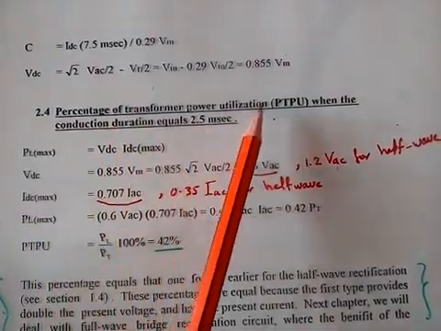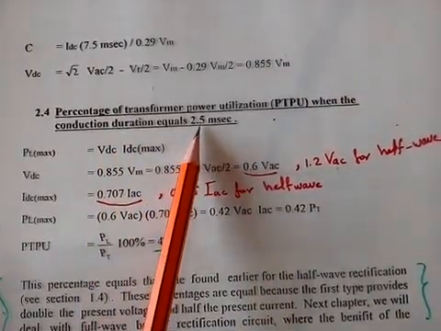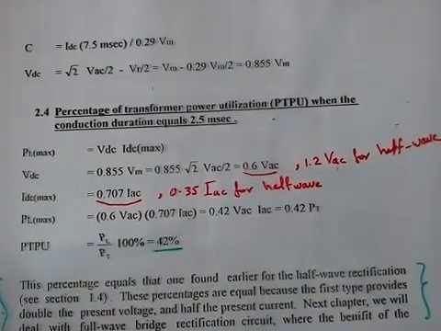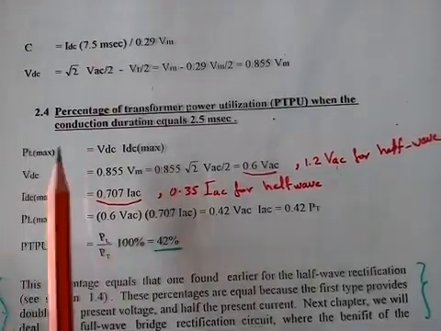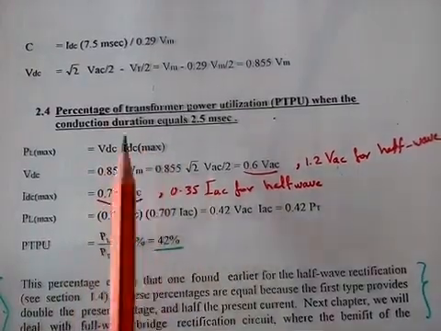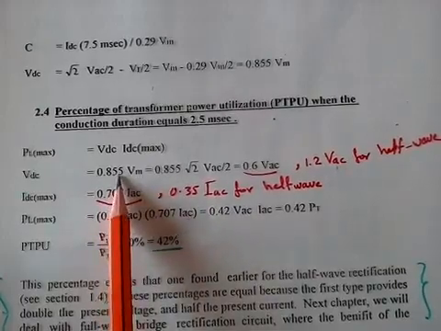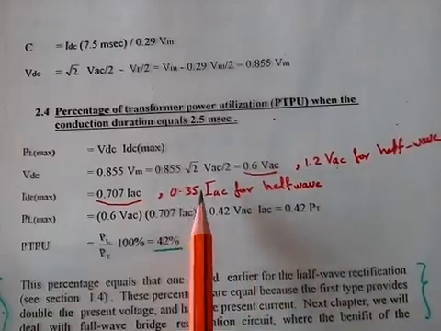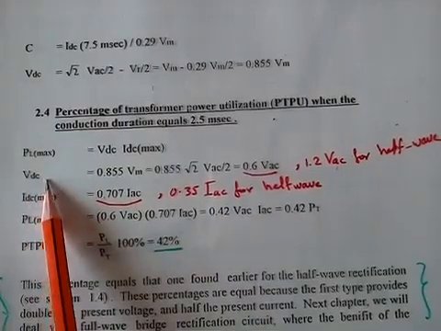Now, percentage transformer power utilization when a conduction duration of 2.5 milliseconds is considered. We'll have the following. The PL max, that's the power across the load, equals VDC times IDC. First, how much VDC do we have?